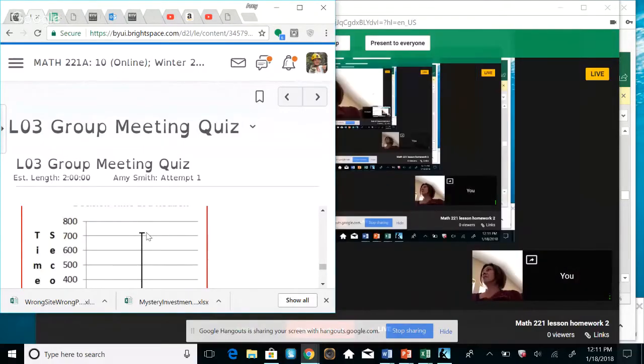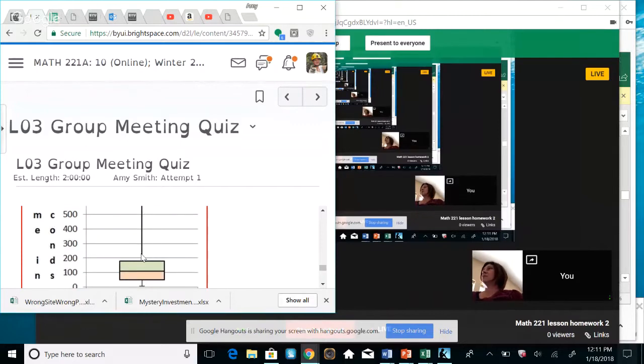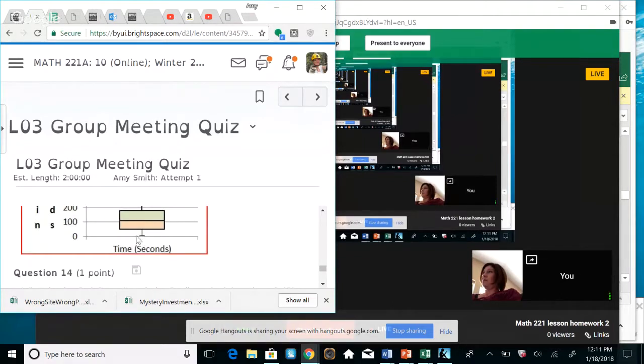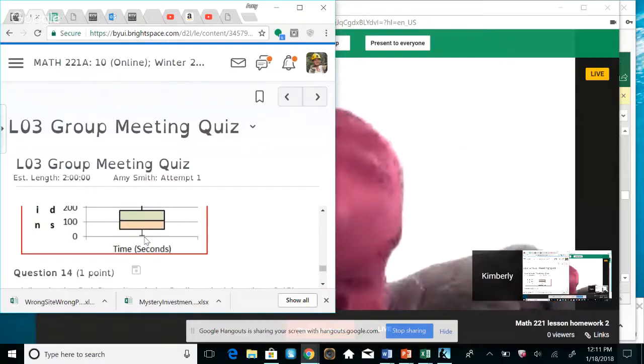So the two little lines, that line is the maximum number, so the 5th number. This is the 4th number, 3rd number, 2nd number, and then this little line right here is the first number. Okay, got ya. Does that help? Yes, that's where you got your 180. I'm like, oh, it makes sense.